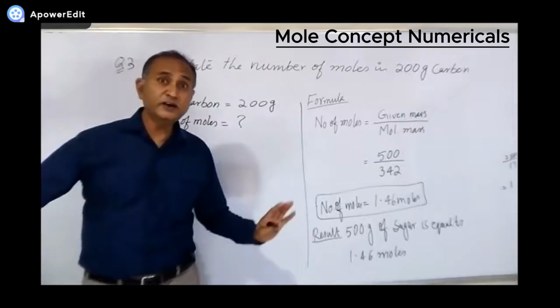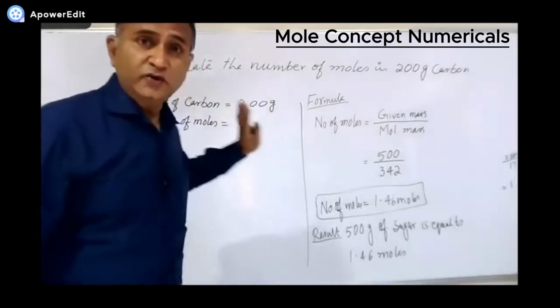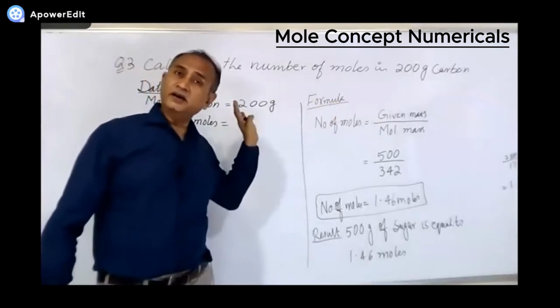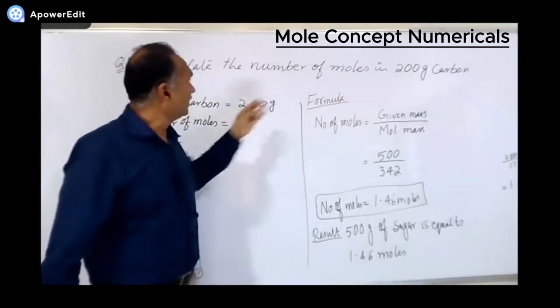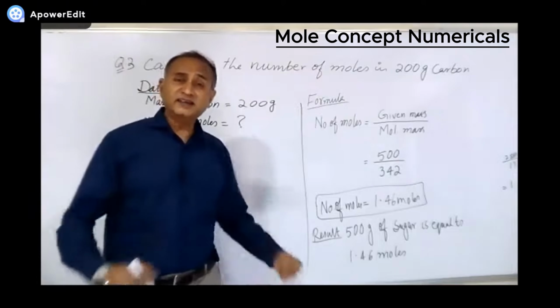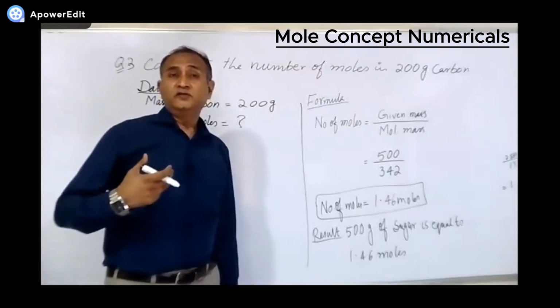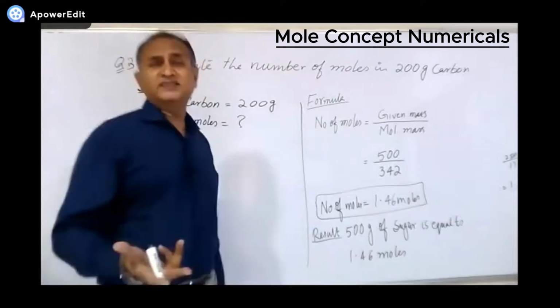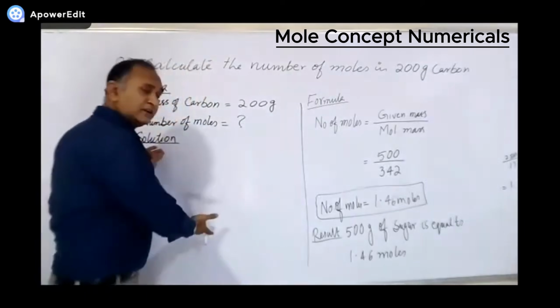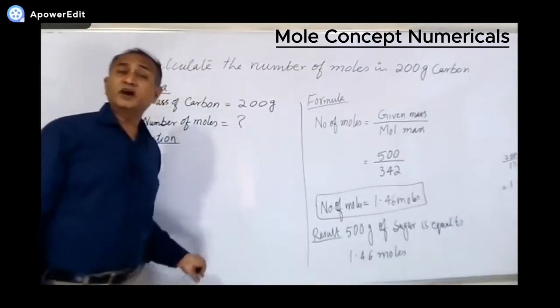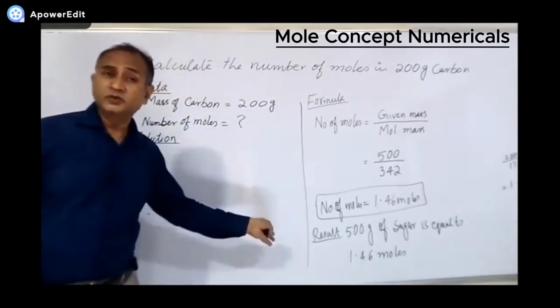Think, what is the difference between the last one that I wrote, sugar, and here, what have I written, carbon? Yes, in sugar, we have to find its molecular mass. We did it over here. First we found the molecular mass which comes out to be 342.